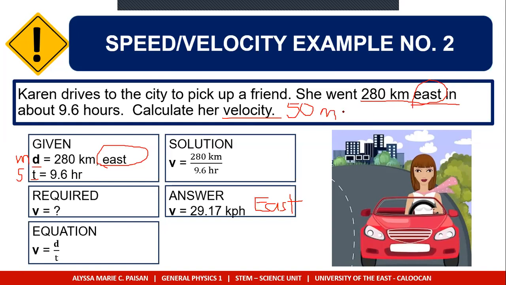If that's the case, you have to convert the 280 kilometers into meters, if the other one is already in standard unit. But what if that's not the given? Let's say that the given is 50 miles. Kilometer and miles are both not in the standard unit.